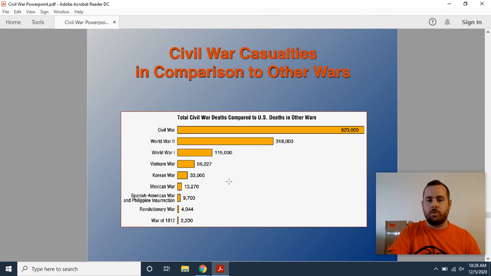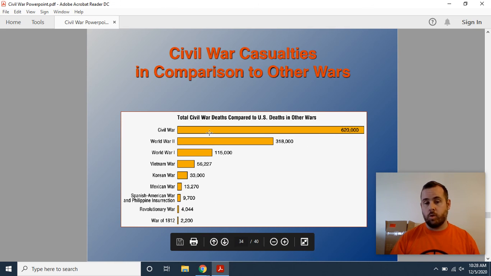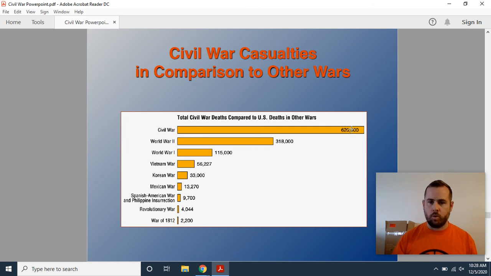So when you get to the end of the war and you look at total Civil War deaths compared to U.S. deaths in other wars, the trivia statement always goes, more lives were lost in the Civil War than all other American wars combined. Of course, every death in the Civil War was an American death, because we're counting both sides there, the Confederates and the North. But also, it was an incredibly bloody war.